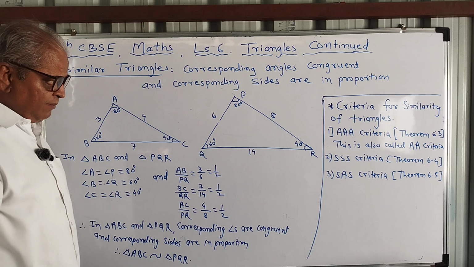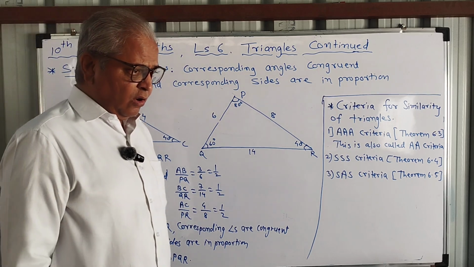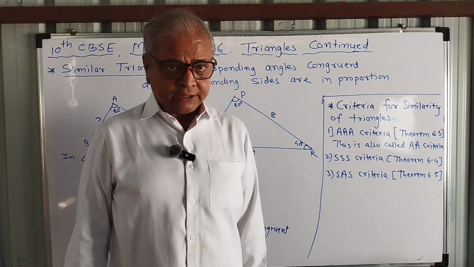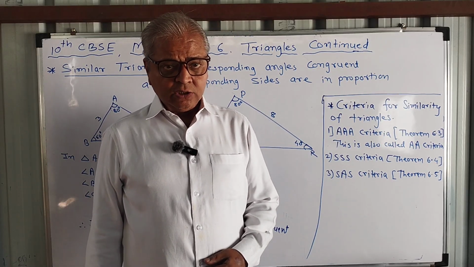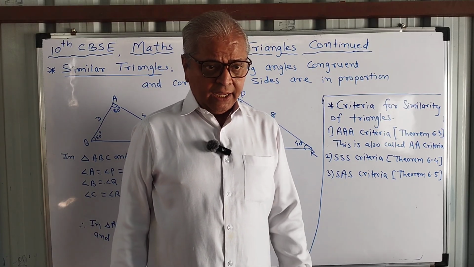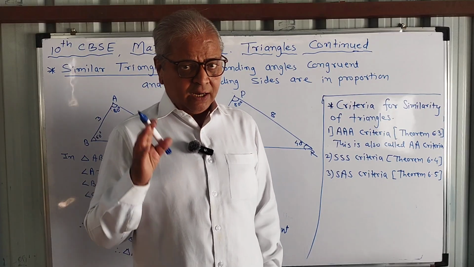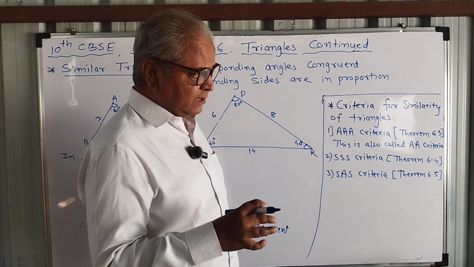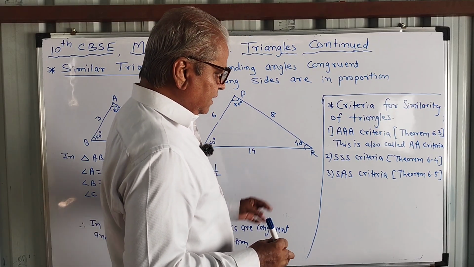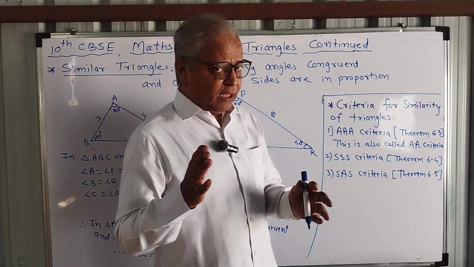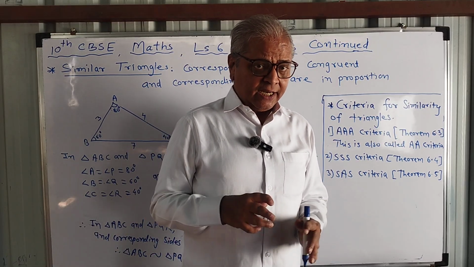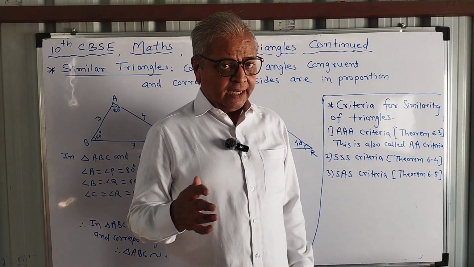Now every time it is not required to fulfill all 6 conditions, that is 3 angles and 3 sides, but only if 3 particular elements are shown like this. So depending upon those particular elements we are considering while proving the similarity.